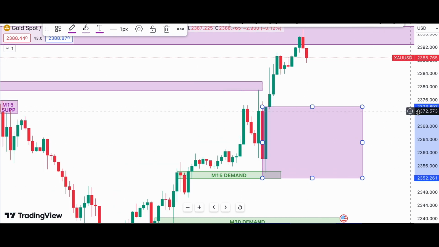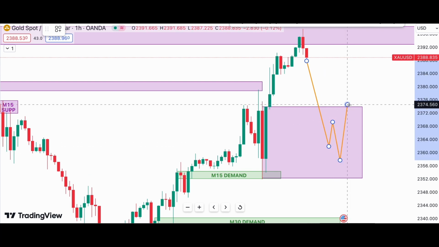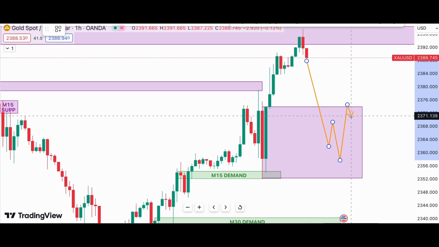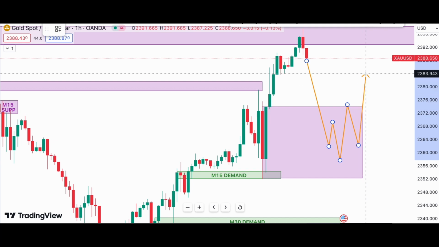So what we have to do is wait. We wait until the price enters the zone here, then go to the lower time frame and wait for confirmation or other confluence, such as a minor choch in the lower time frame or a double bottom reversal price action signal.